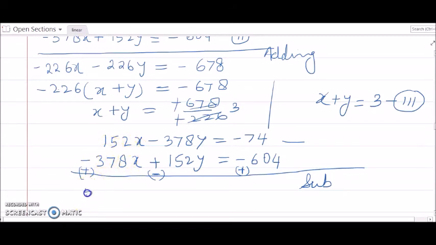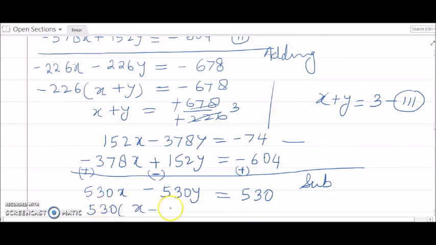This will be 530x minus 530y is equal to 604 minus 74, which is 530. Now take 530 common.